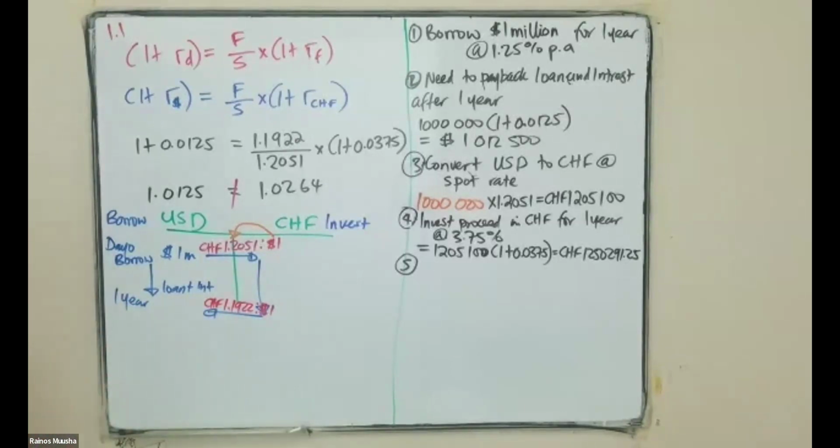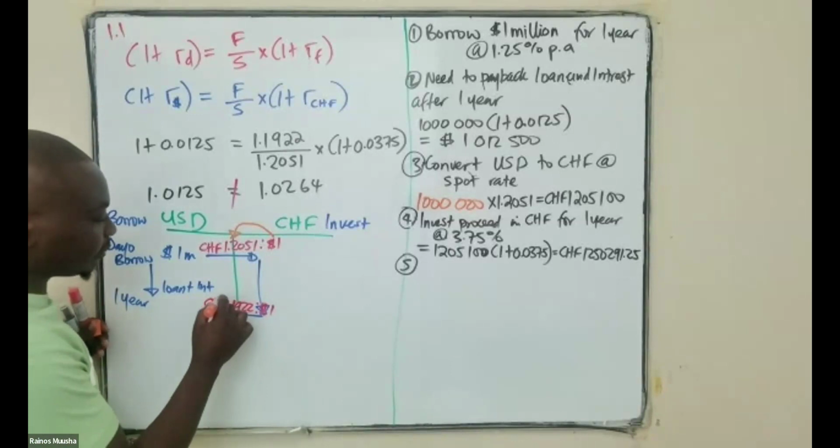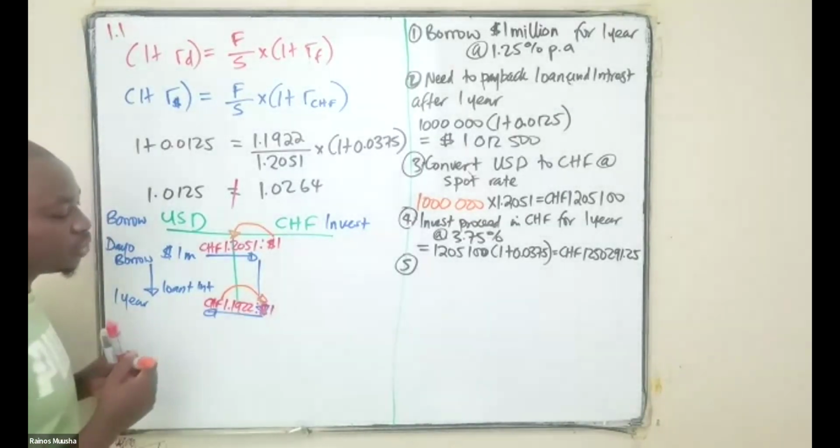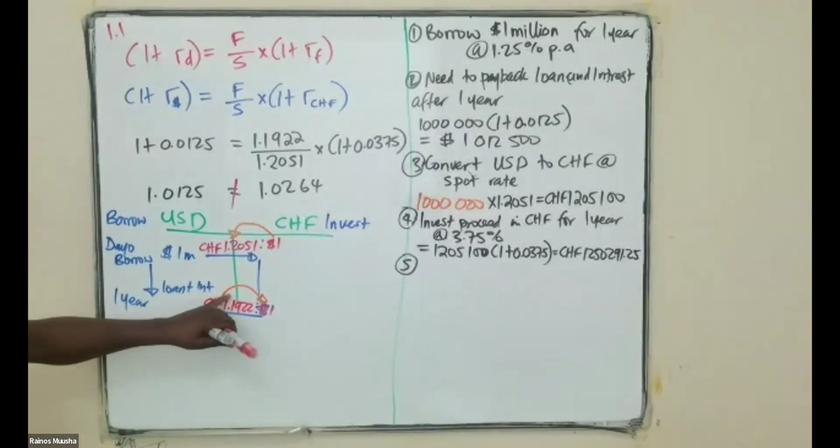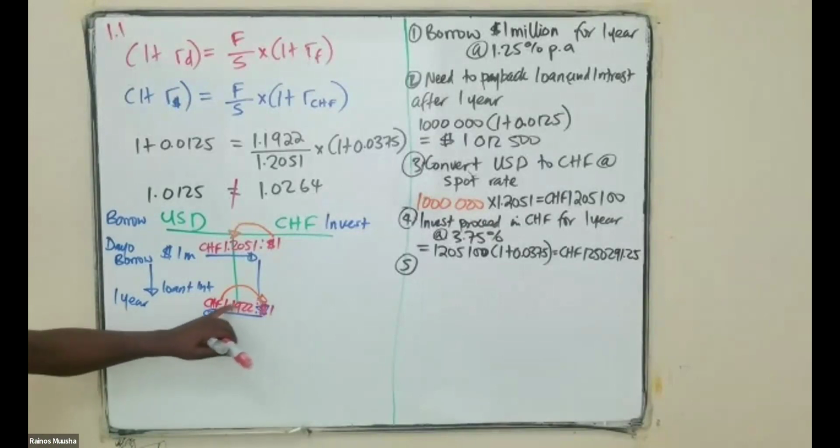Now, what do we see? We are now moving from the CHF currency going to the US dollar, which means we are moving from the weaker currency going to the stronger currency.